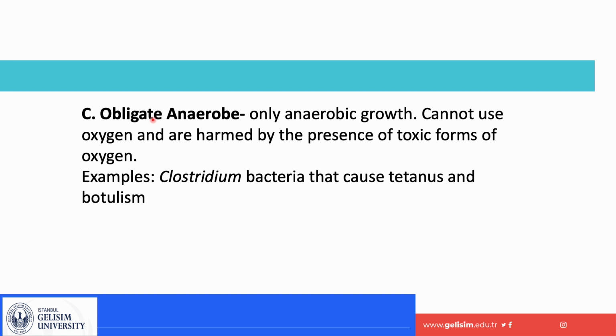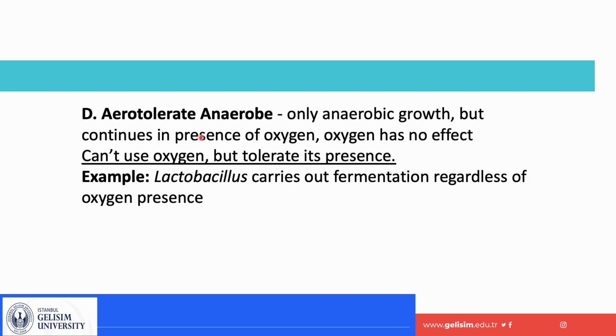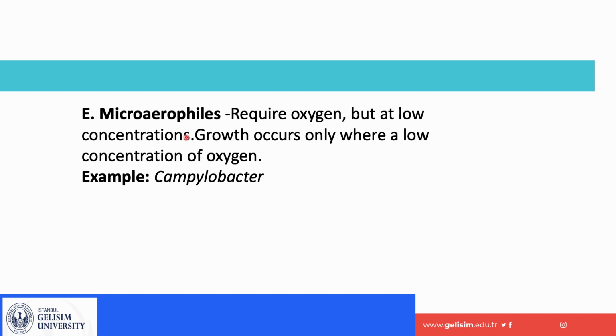For obligate anaerobes, an example would be Clostridium, bacteria that cause tetanus and botulism. For aerotolerant anaerobes, an example would be Lactobacillus, which carries out fermentation regardless of the oxygen presence. And for microaerophiles, an example would be Campylobacter.